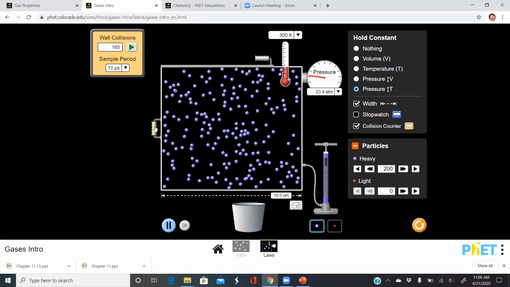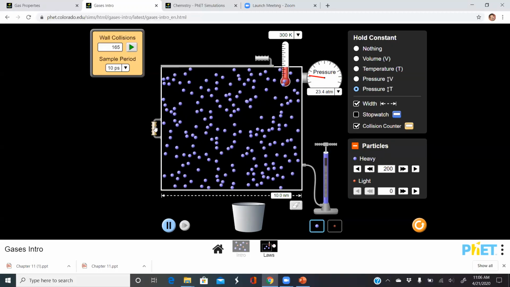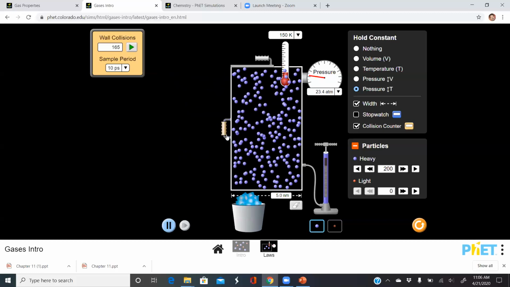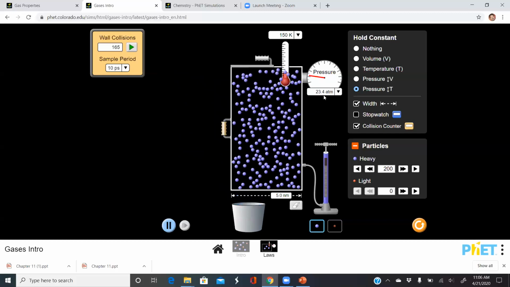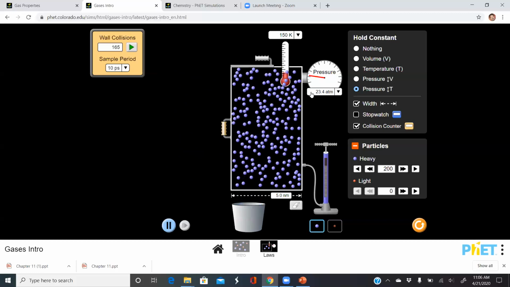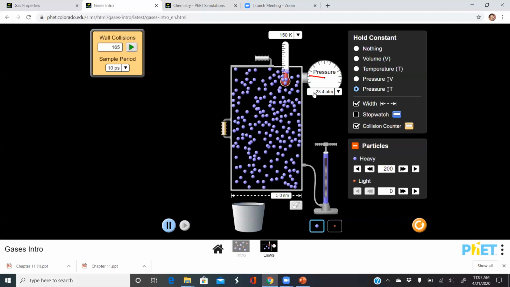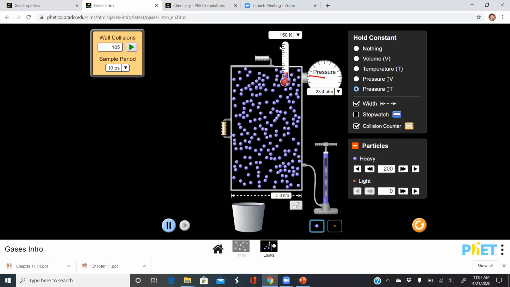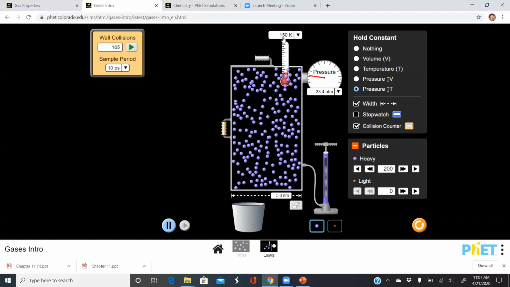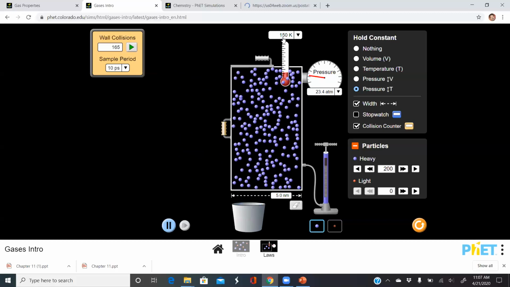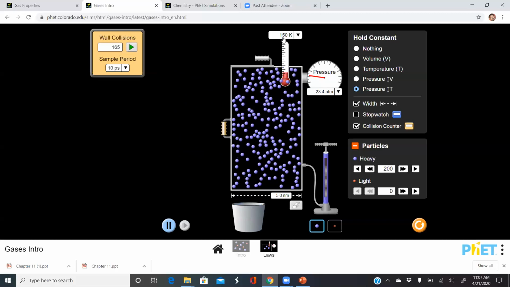So if I take this container, instead of 10 nanometers, I go down to half that, to 5 nanometers. I want to keep 23.4 atmospheres, but to do that, because again, pressure is related to the number of collisions, I have to make sure that the particles are moving slower. That way the collisions remain the same, even though I have a much smaller volume.